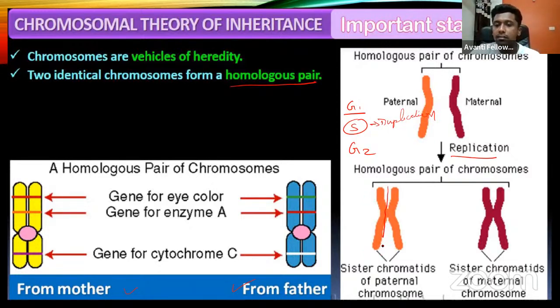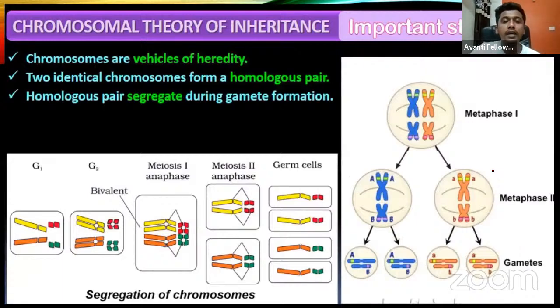The sister chromatids pair, and this will become a homologous pair of chromosomes after replication. Now you can see how they carry a particular character, or how they transfer themselves during cell division.